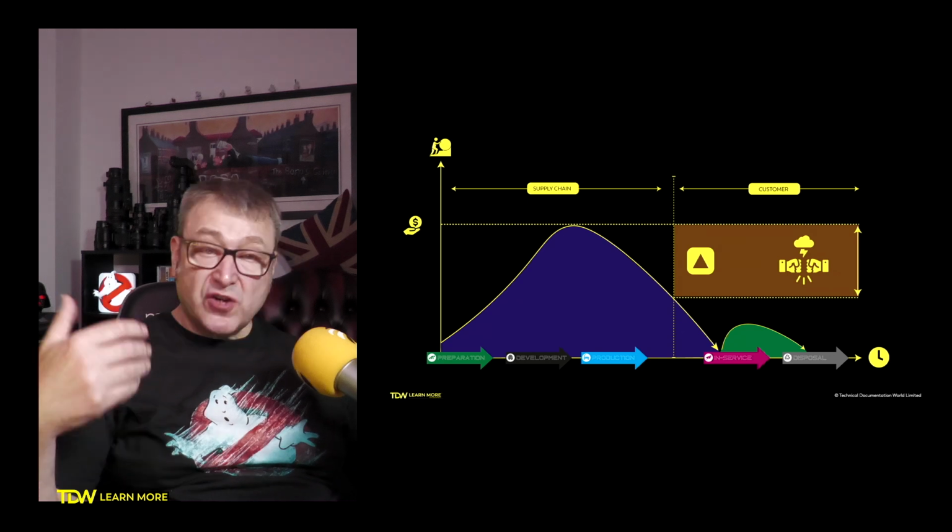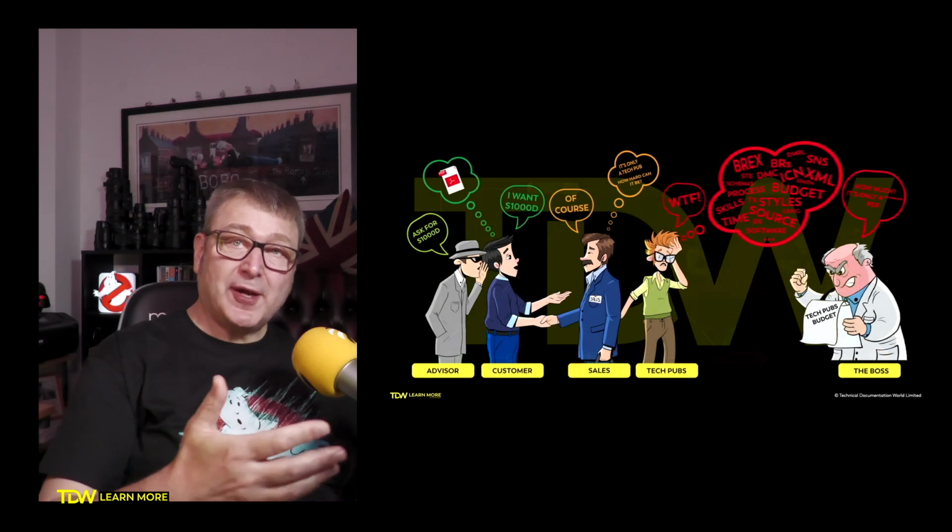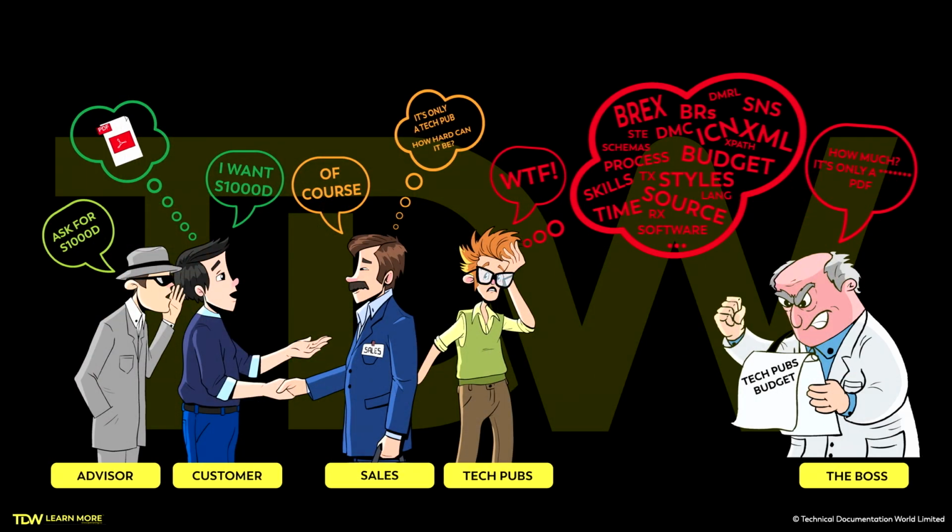So the frustration comes from this slide that I put on YouTube and LinkedIn a couple of months ago. This slide actually perfectly exemplifies what I'm trying to say here.